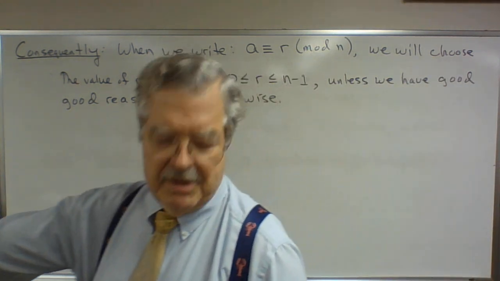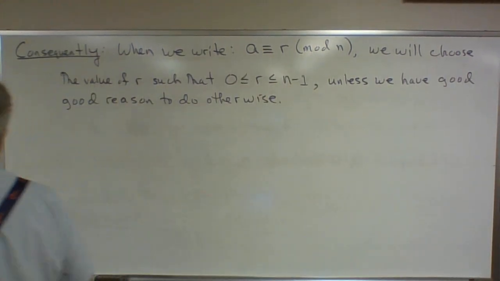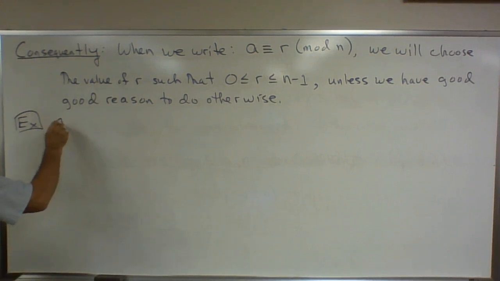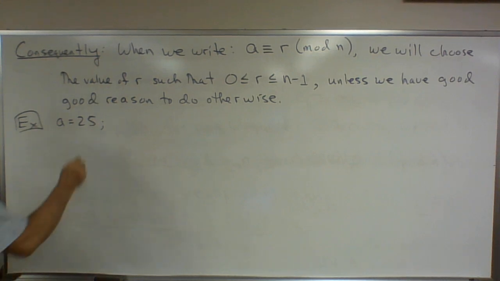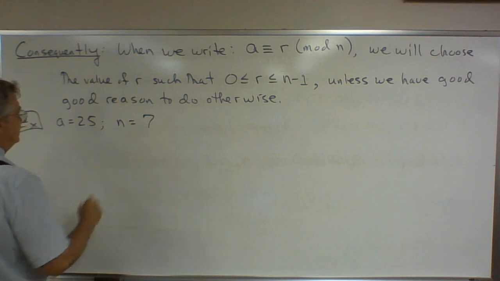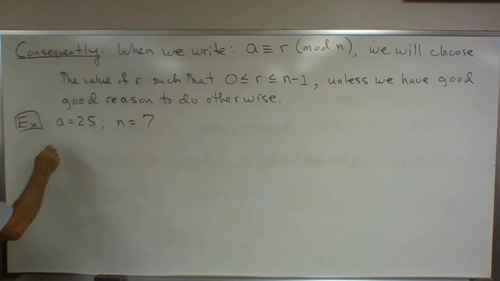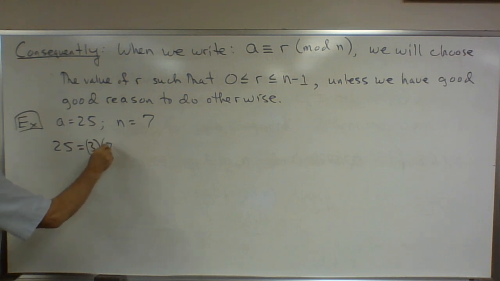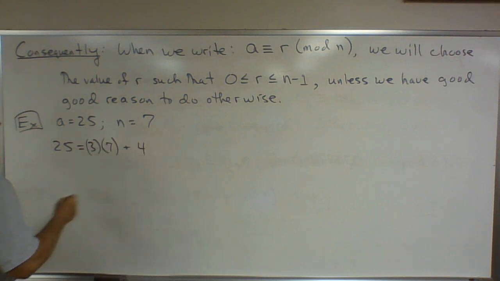And let's just look at an example. Let's say here that A equals 25 and n equals, let's say, 7. Okay, so 25 is equal to 3 times 7 plus 4.